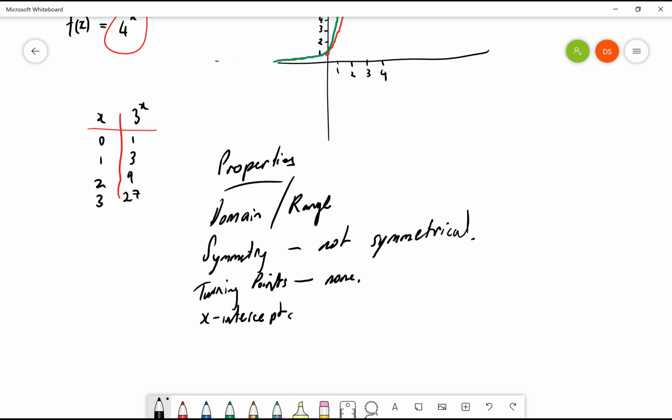Okay? Because exponential graphs don't go below the axis. So typically you don't have x-intercepts unless you move the function down. And then domain and range doesn't change much depending on what you want to use.